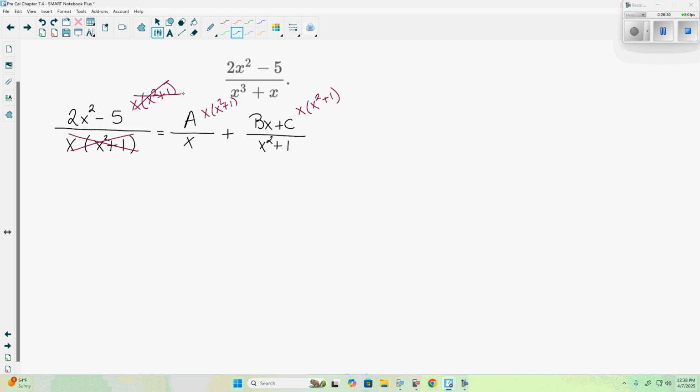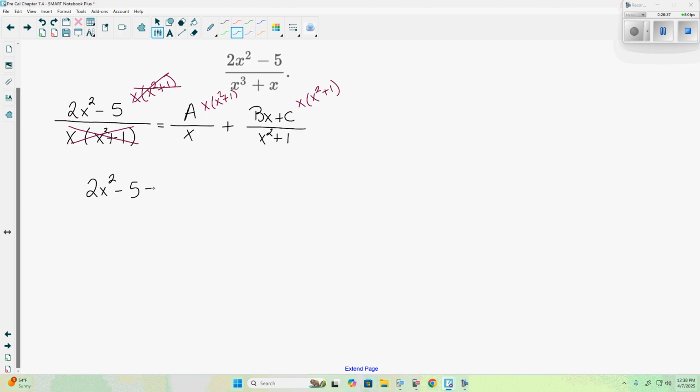Left side, everything's going to cancel, leaving us with 2x squared minus 5 is equal to, in the middle, x and x is going to cancel, leaving us with a times x squared plus 1. Over here, x squared plus 1 is going to cancel, leaving us with plus bx plus c times our x.